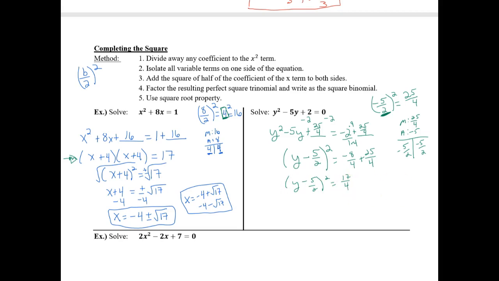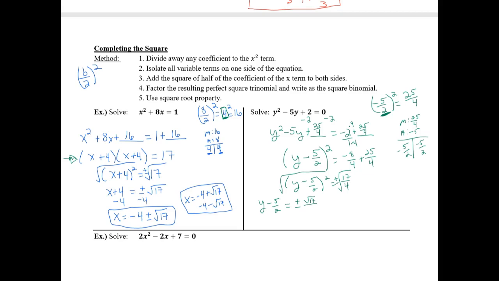Now I have a quantity squared equaling a constant. I'm going to use the square root property. Take the square root of both sides. Don't forget your positive and negative solutions. Square root of something squared is itself. Y minus 5 halves on the left equaling, well, 17 is prime. I can't do anything with that, but I can use that division property or quotient property of square roots and take the square root of the denominator.